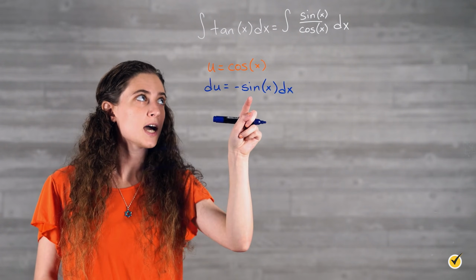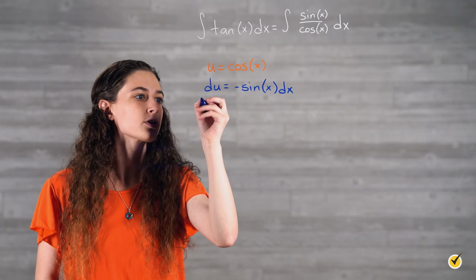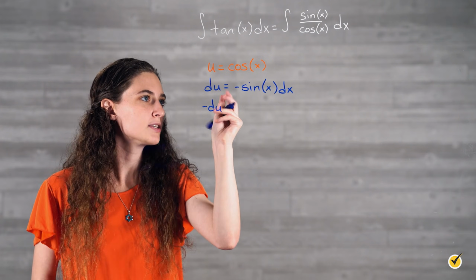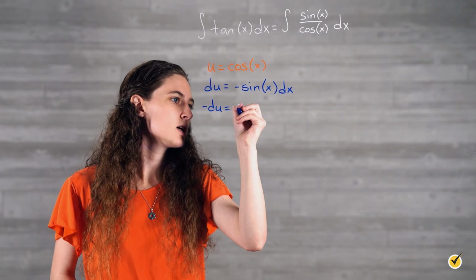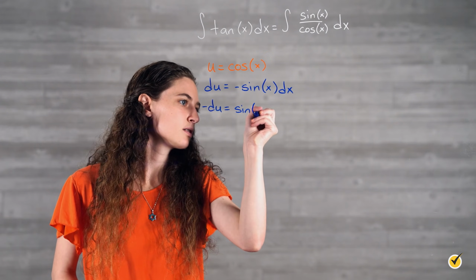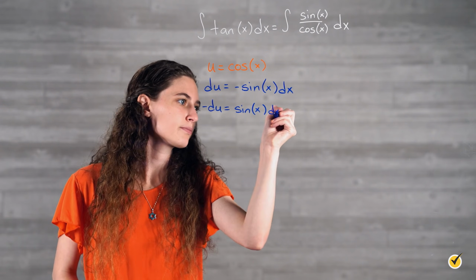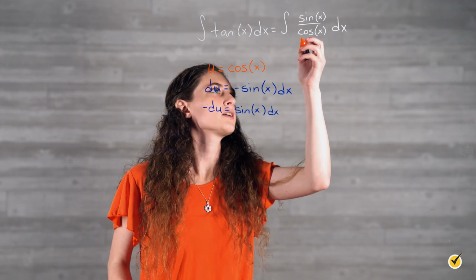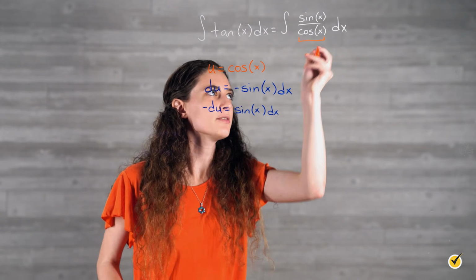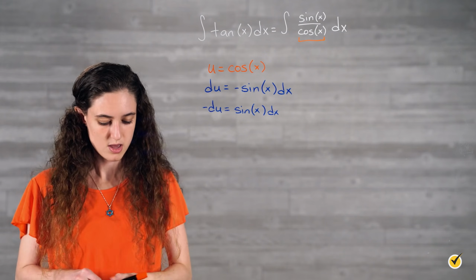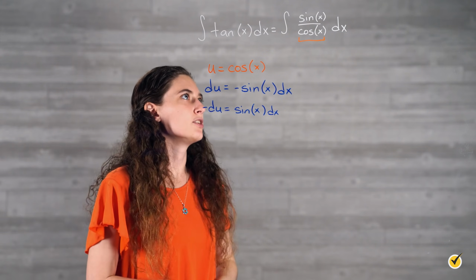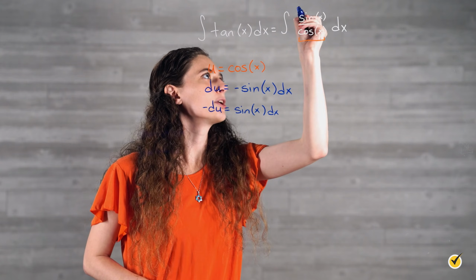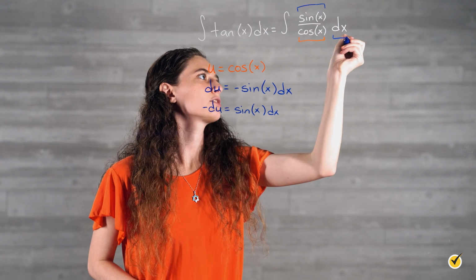Now there's not a negative sine x in our function, so we're going to make this negative du equals sine x dx by dividing both sides by negative 1. Now let's rewrite our function. So our u part, cosine of x, is right here in our denominator. And our negative du is this part right here in our numerator, and our dx right here.